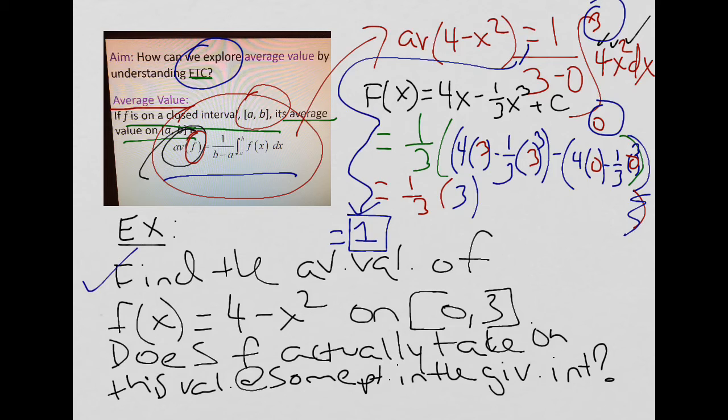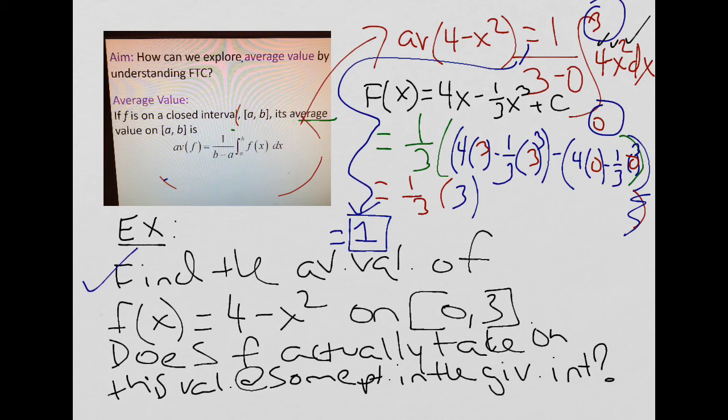We found the average value of f of x on our closed interval from 0 to 3. So the next part, we end up needing to answer this question. Does f actually take on this value at some point in the given interval? So, does f, let's review where f is.